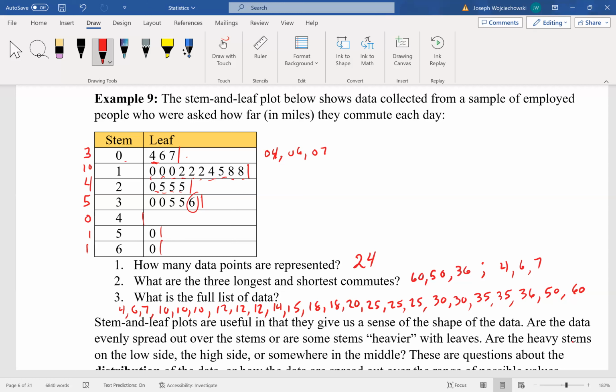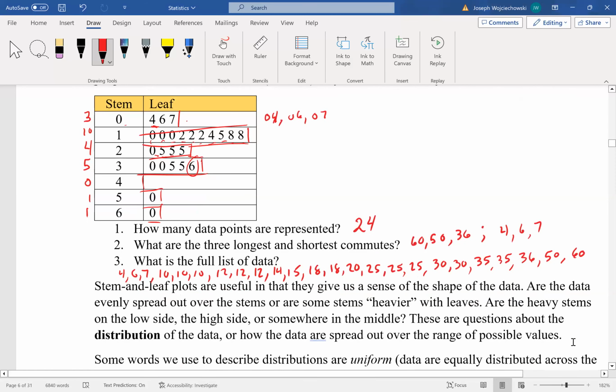So if you turn that sideways, you can kind of see a bar chart to some degree. So you can look at a frequency distribution in that fashion as well.